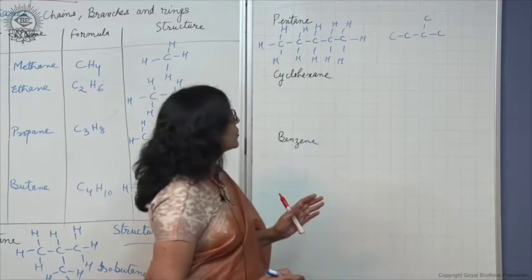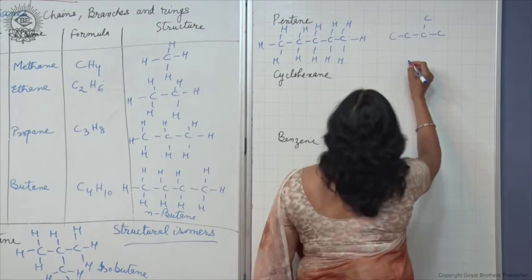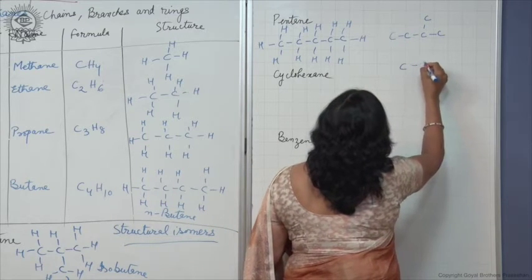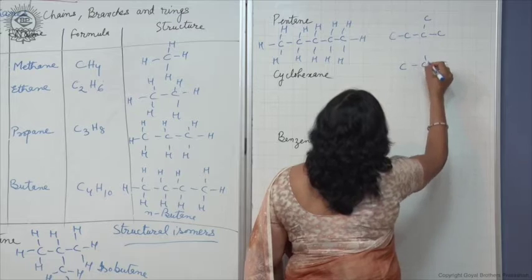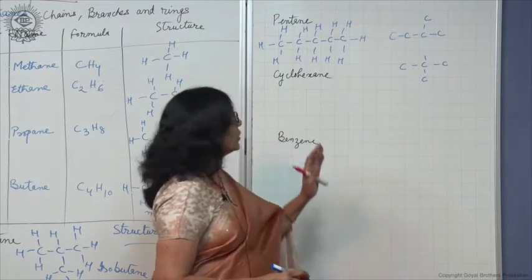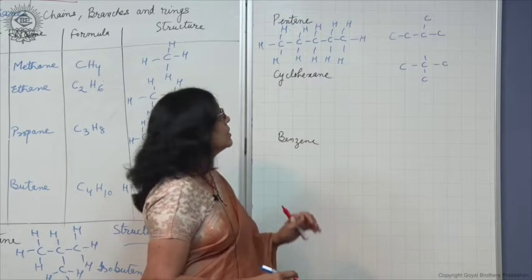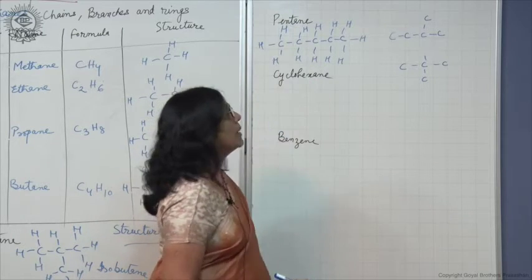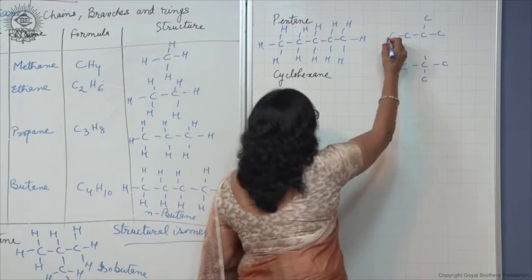So, this is a branch structure. Another branch structure can be, let us see what it will be. So, you can see there are 2 types of branched structures of pentane. So, let us complete this formula.